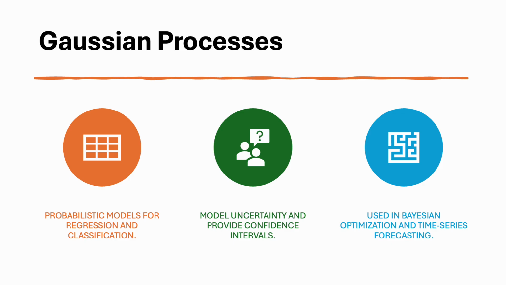For instance, in early phase clinical trials, GPs can predict the most effective and least toxic dose of a new cancer drug, reducing the need for extensive human testing. This not only speeds up the drug development but also minimizes risks to participants. Additionally, GPs are used to optimize the design of experiments, ensuring that resources are allocated efficiently and insights are gained faster.